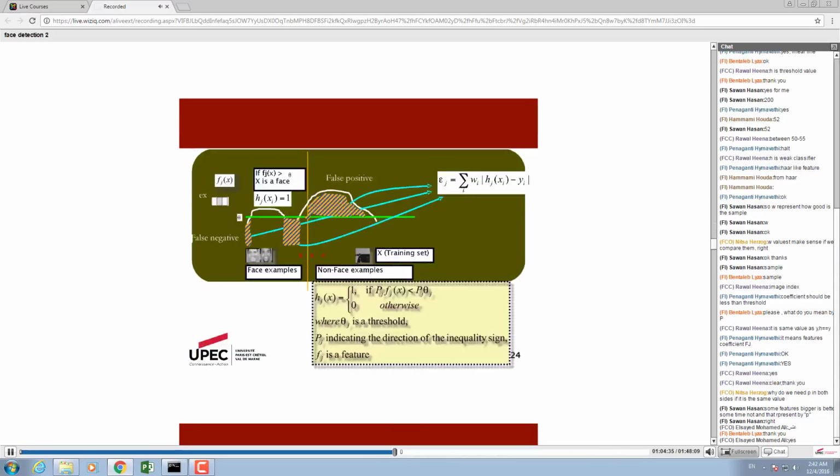The calculation of error is a very important part of this AdaBoost algorithm, so we have to discuss the process of error calculation in more detail. So let's have a break, 10 minutes. This is 37, so until 47.